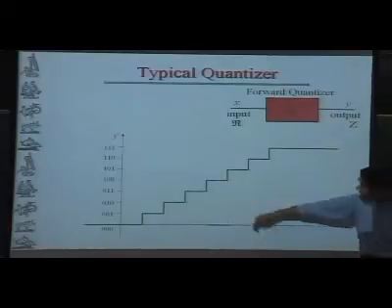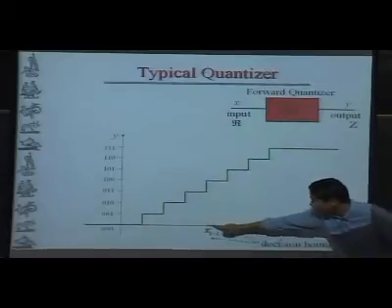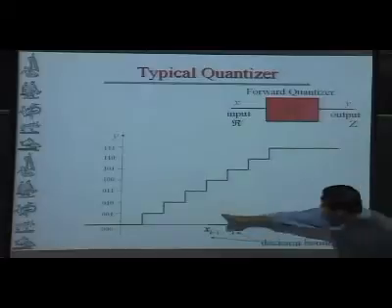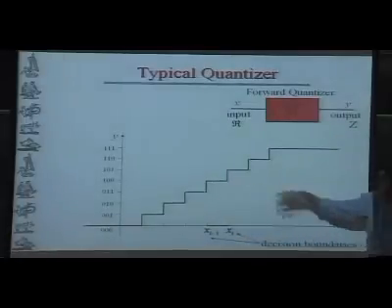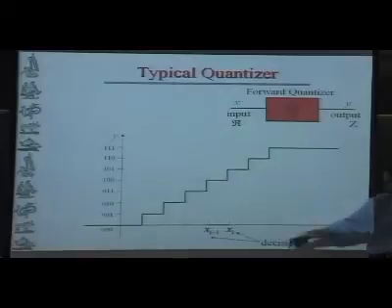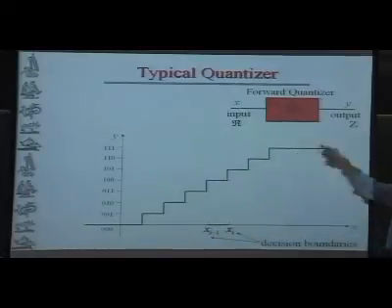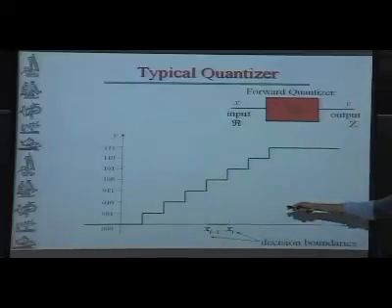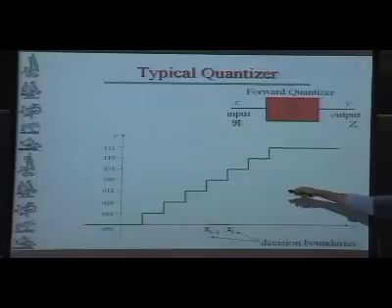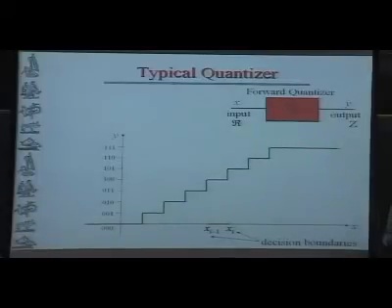If you live in this space, in the R line, you get mapped to this quantization step, which is 1, 0, 0. So if you are from x_{i-1} to x_i, then the output will be 1, 0, 0. Here I put binary, but you can translate that to decimal if you want.